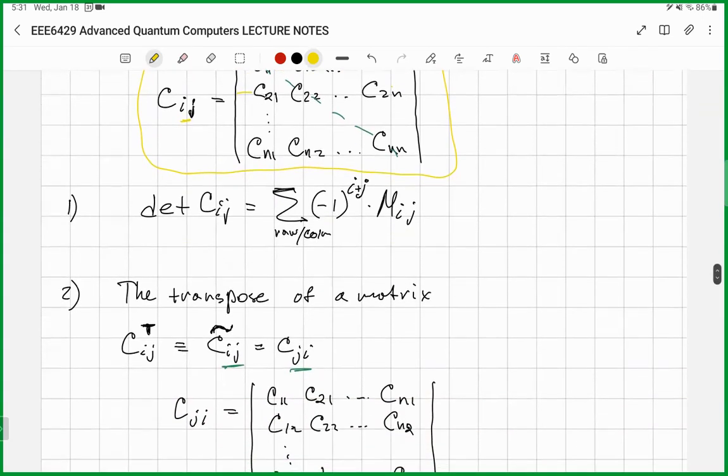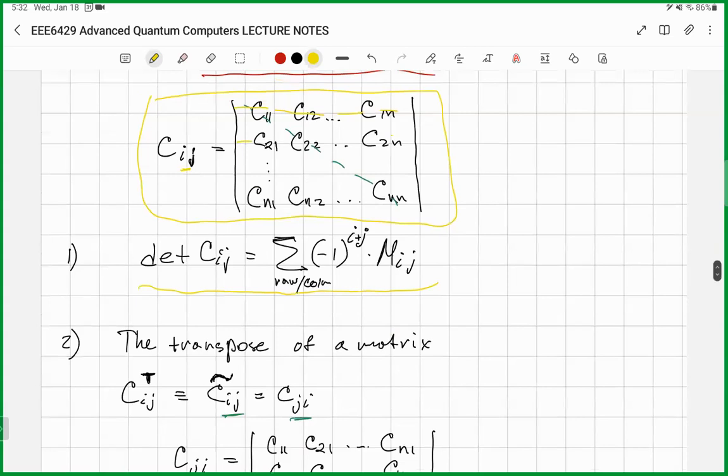So the determinant of a matrix is simply a sum of the matrix minors multiplied by this combination, minus 1 to the power of i plus j. So when i plus j is even, then minus 1 to this power becomes 1, and you take the minor with the sign plus.